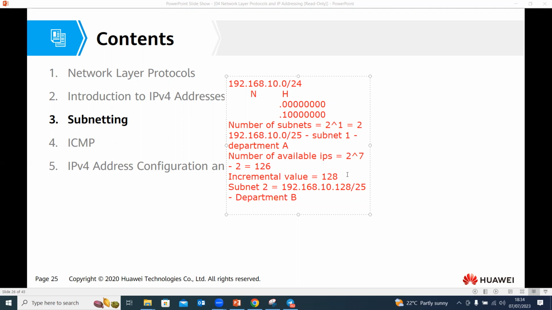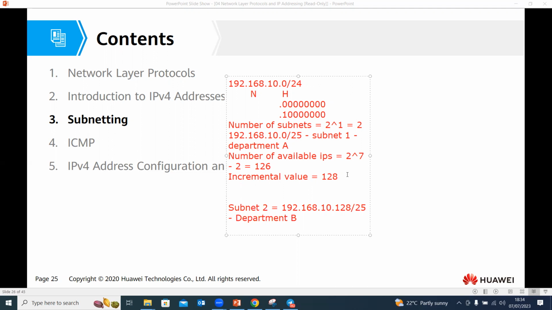So meaning, if you look at this very carefully, in your first department or subnet 1, this will be the IP address you'll be giving to your people. 192.168.10. Remember, we don't assign .0. It will be now .1/25.